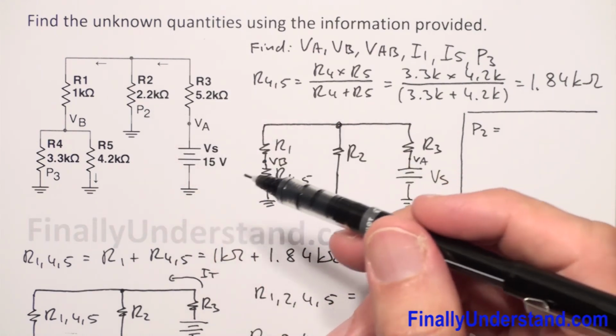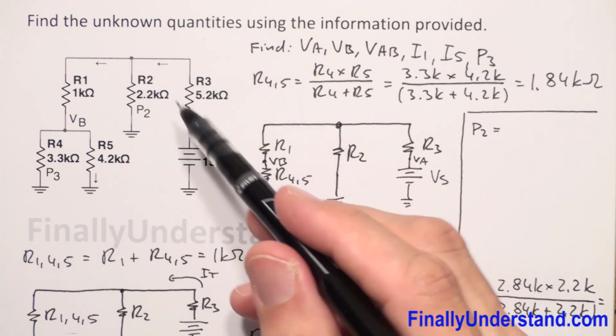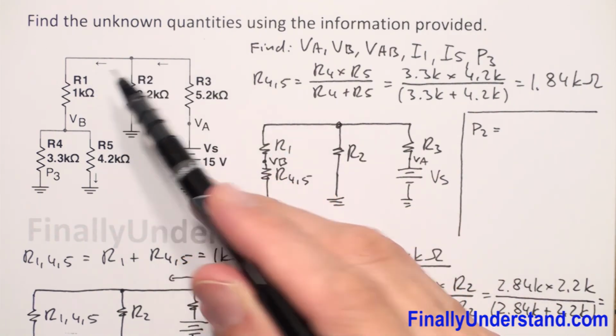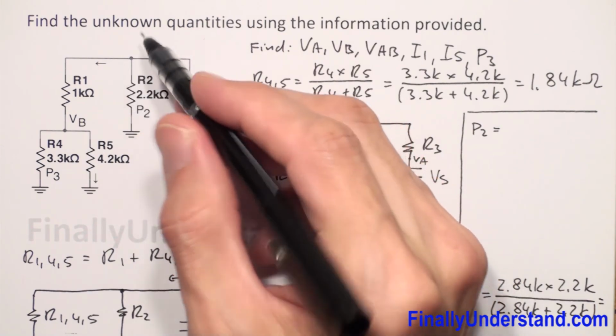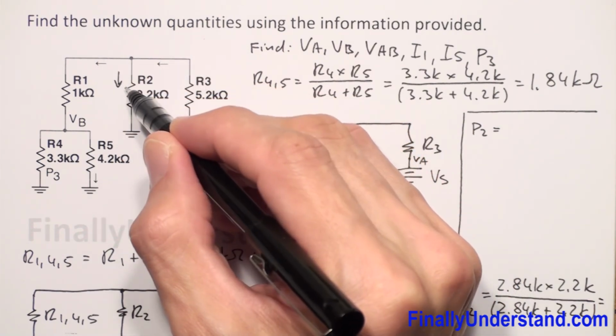How can we find it? Because we know the current which goes through resistor R3 and the current which goes through resistor R1, the difference of these two currents will give me this current.